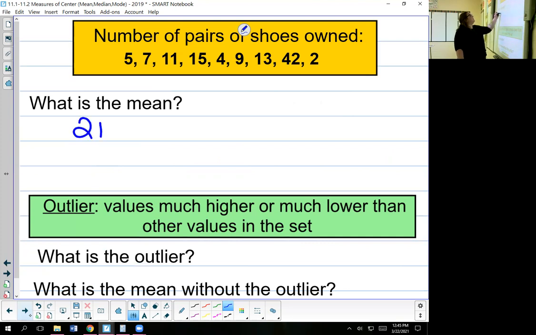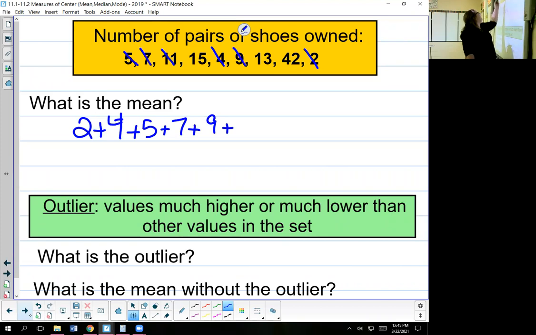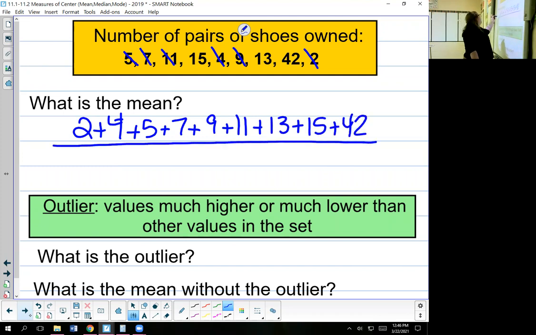So I have a 2 and a 4, 2 and a 4, and a 5 and a 7 and a 9 and a 5 and a 7 and a 9 and 11 and a 13 and a 15 and a 42. Okay. 1, 2, 3, 4, 5, 6, 7, 8, 9. Okay.